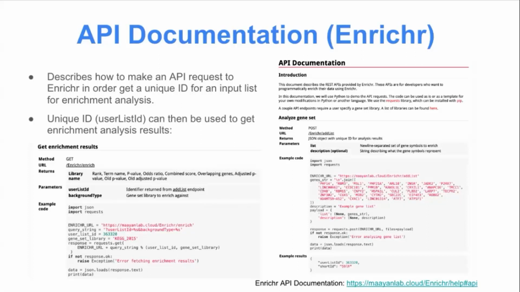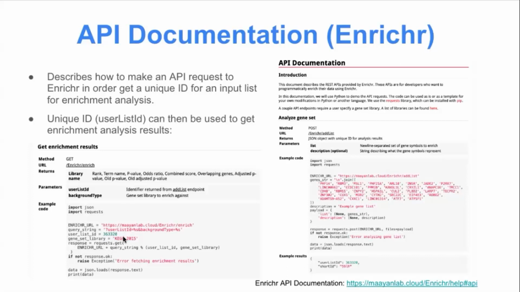So here on the right, we see that they've also highlighted how to perform the API request to get these enrichment analysis results. So here we see that after specifying the Enrichr URL, we would be sending the unique ID of that added gene set, which is the user list ID here that we got earlier.